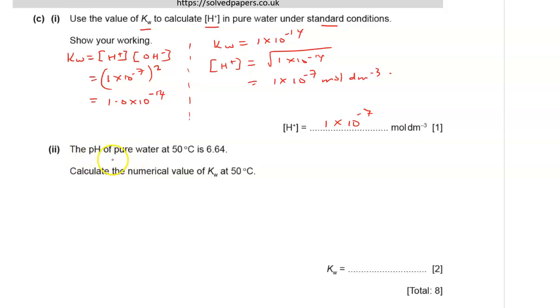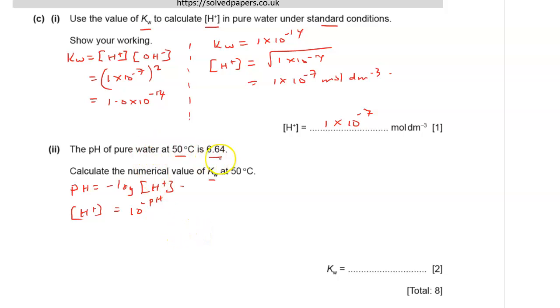Part 2, the pH of pure water at 50 degrees is 6.64, slightly acidic. Calculate the numerical value of Kw at 50 degrees Celsius. Of course, you know the pH is the negative log of the hydrogen ion concentration, and the hydrogen ion concentration equals 10 raised to minus pH.